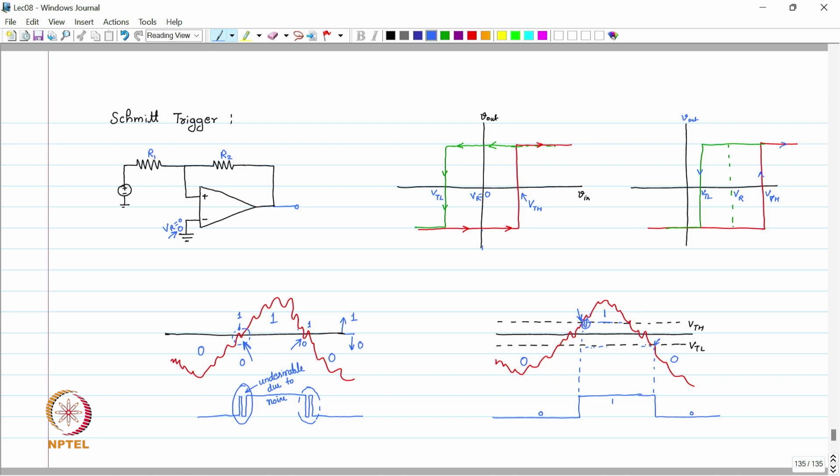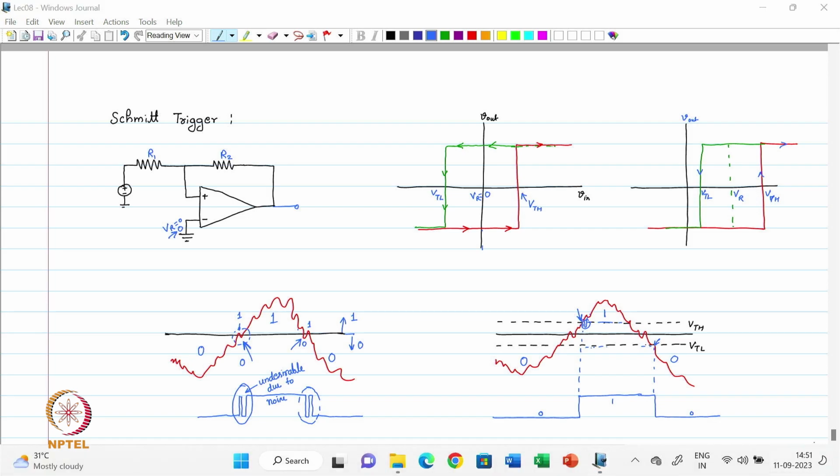Now let's see a small example of linear amplifiers, and we can have it as a numerical problem.